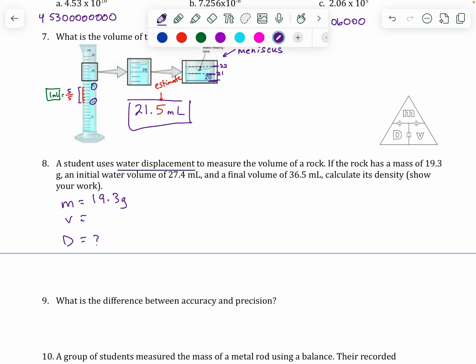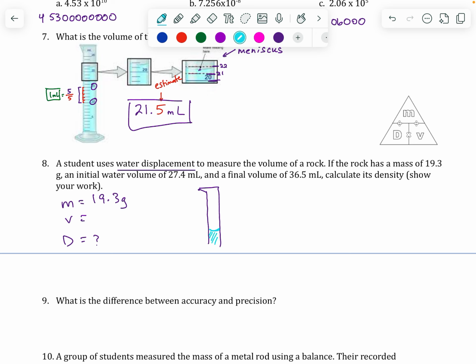Well, that's what water displacement is, right? If you recall, when we do water displacement, we take, because usually rocks aren't nice squares and cubes and spheres where we can't really calculate the volume by measurements. So we have this way of taking a certain amount of water.